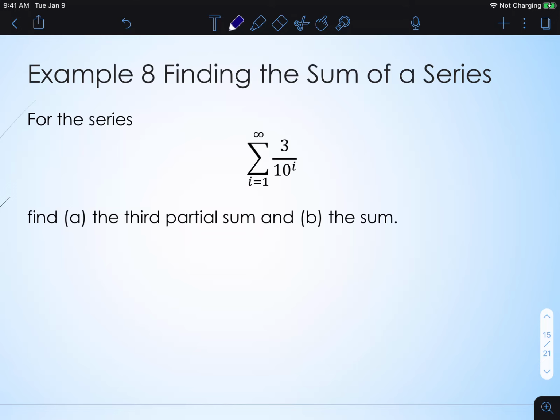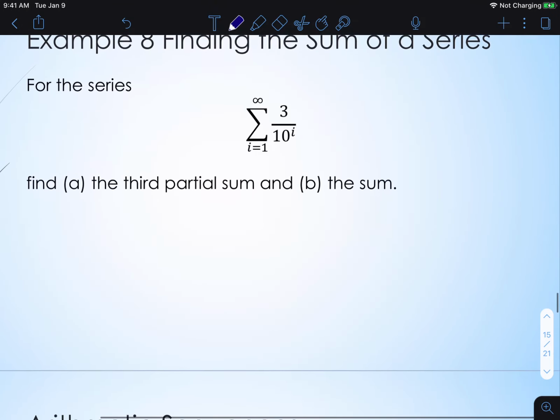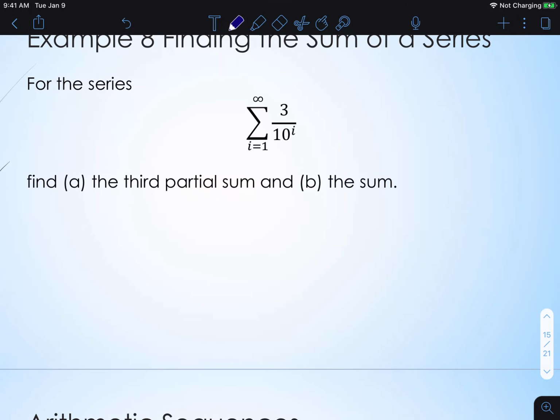So here's example 8, finding the sum of a series. For this series, find the third partial sum, meaning that on top is not infinity but 3. So let's do that one first. Our sigma ends with a 3 on top, i is equal to 1, and we're talking about 3 over 10 to the i power.